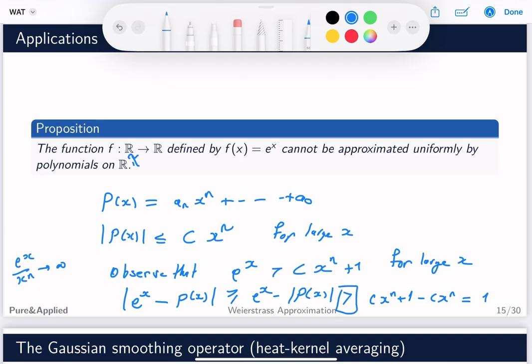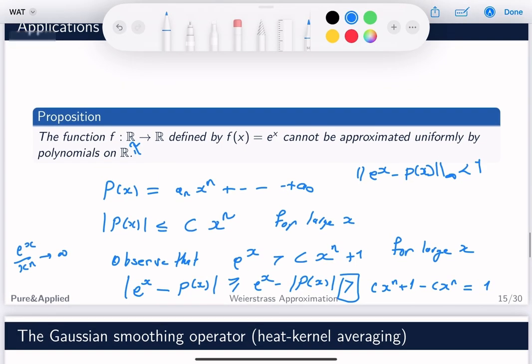If the theorem were true, then we must have been able to approximate e to the x by p, and make this less than 1. However, we've shown that for every polynomial p, we can choose x big enough to violate this inequality. This can't happen.